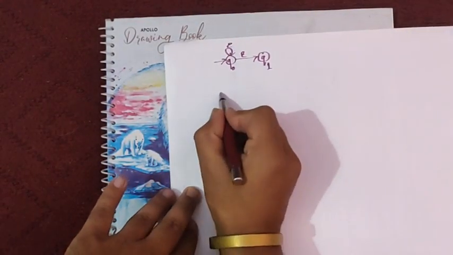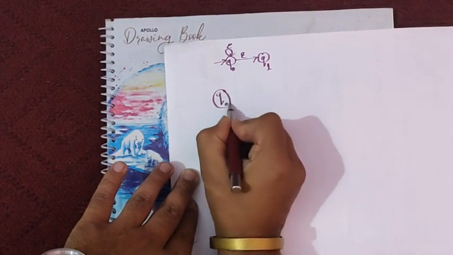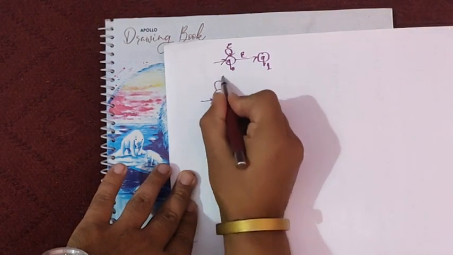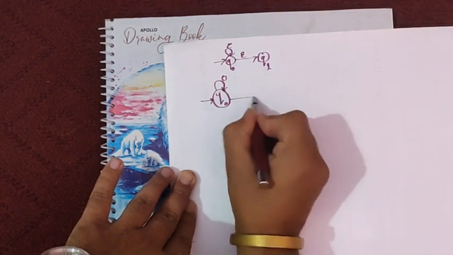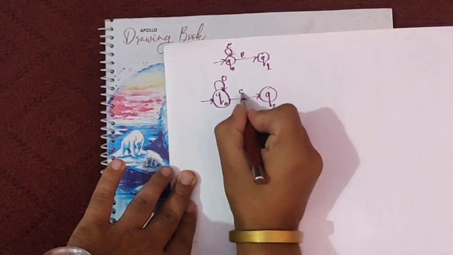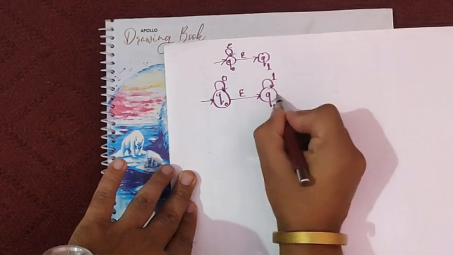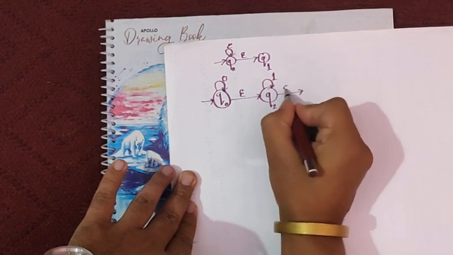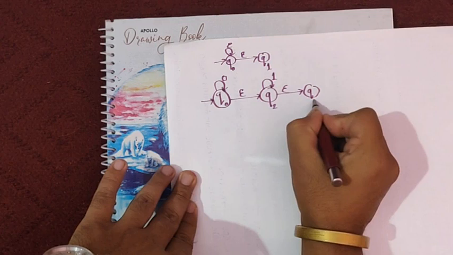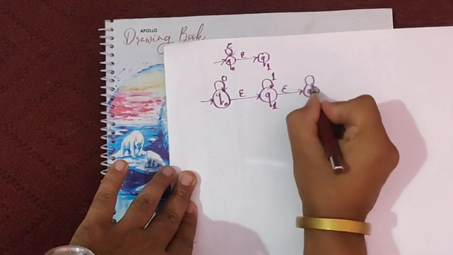Let us consider an example. q0, 0, q2, empty string, 1, empty string, q1, q2, and this is 0.